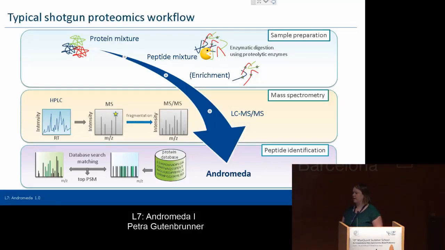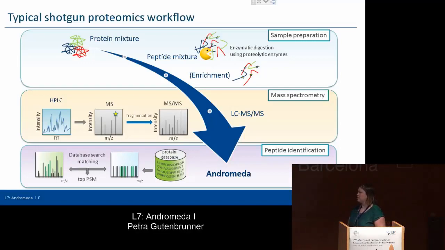You can apply different enrichment techniques on that. Then when you have your complex peptide mixture, you subject this to HPLC to sort them, and then they are further ionized and subjected to mass spectrometry.